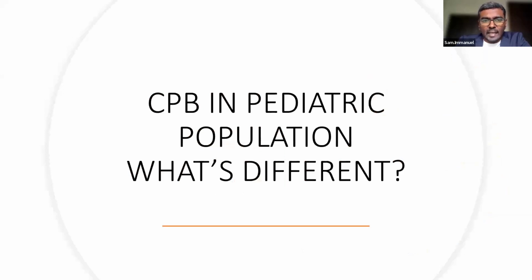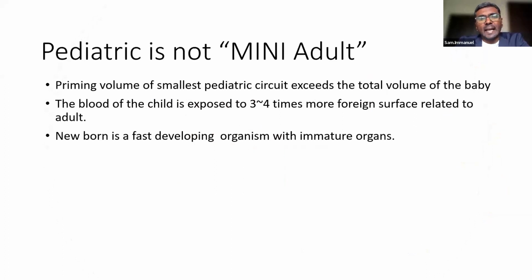I just want to go inside. What is the difference? I would like to enlighten and show that pediatrics are not mini adults, because the priming volume for a pediatric or neonatal patient is considerably 3 to 4 times more than the blood volume relative to the foreign surface area it is going to roll on. Also, the pediatric total metabolism is different and the organs are still immature.